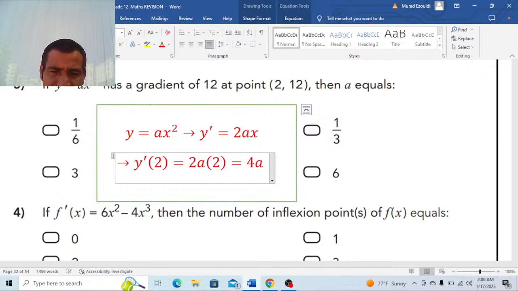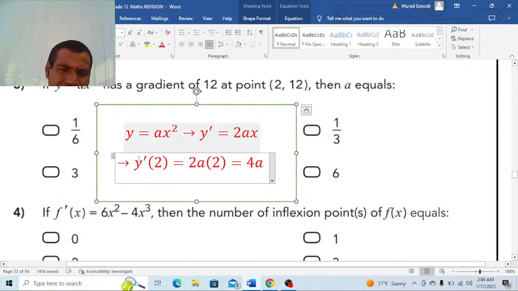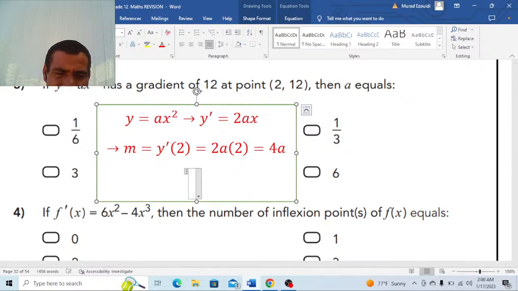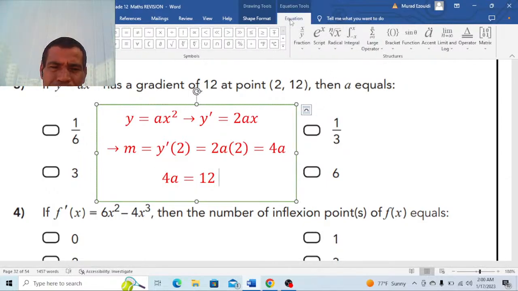This is the value of the gradient m. I'll write that m is equal to this one, and you can see that 4a, learners, is equal to 12. Then to find a, you just divide both sides by 4.